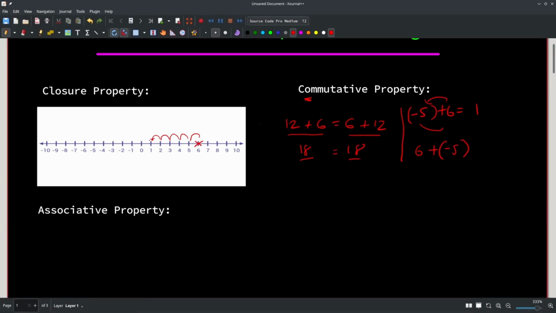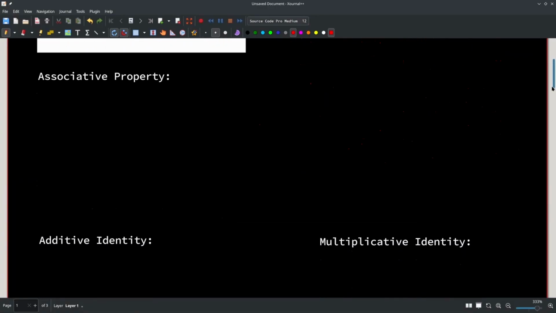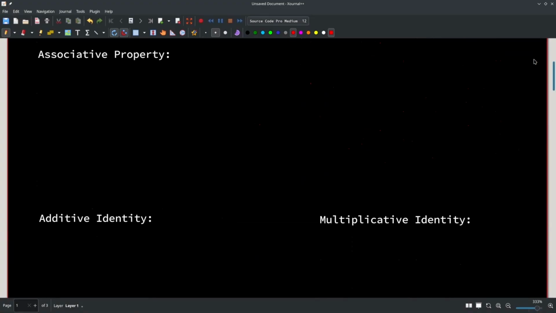And hence you're going to be at 1. So you get a similar answer here and here, and hence your commutative property works. It can work between negative numbers, between positive numbers, and between positive and negative numbers.